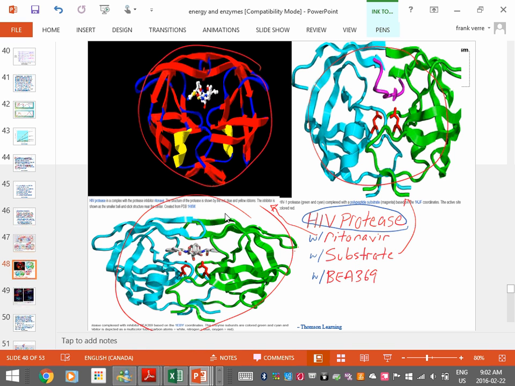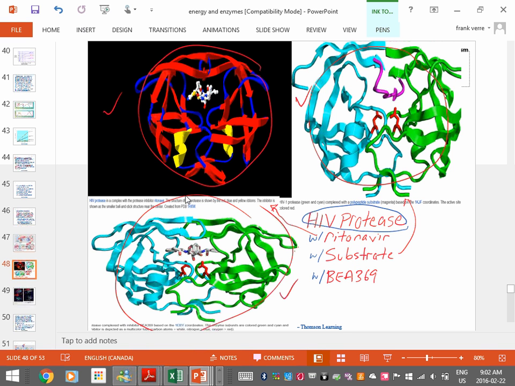This one and this one use the same color. This one on this side uses a different color scheme, but all three are actually the same thing. It's an enzyme called HIV protease. This is the enzyme that helps build HIV.